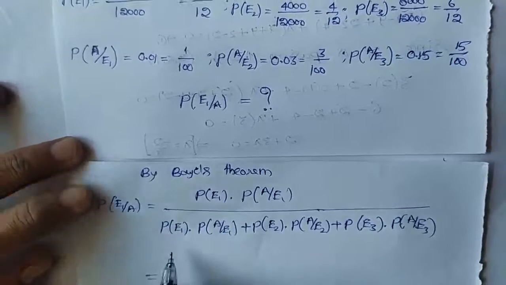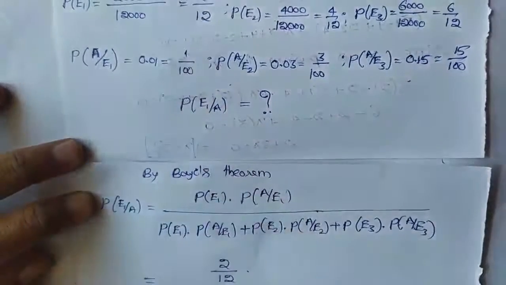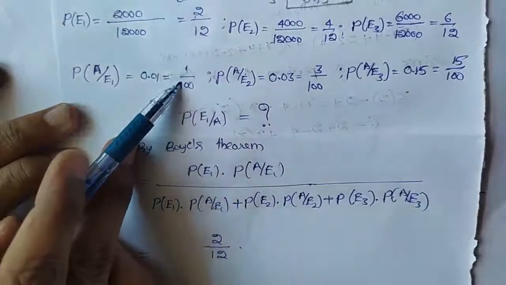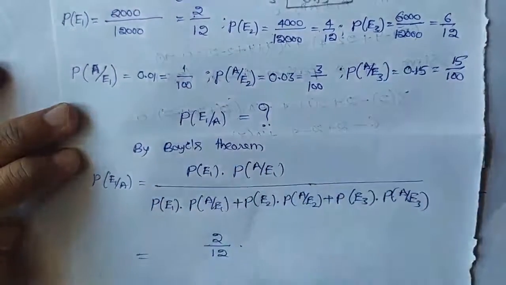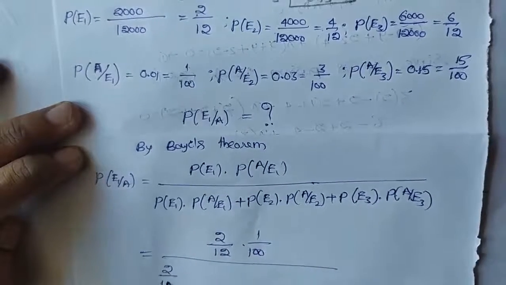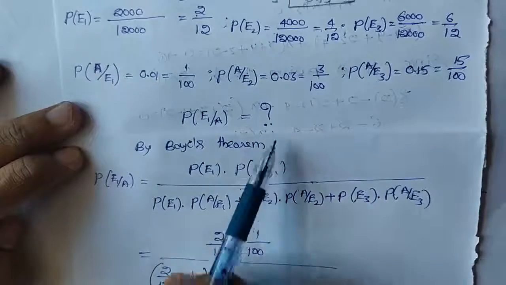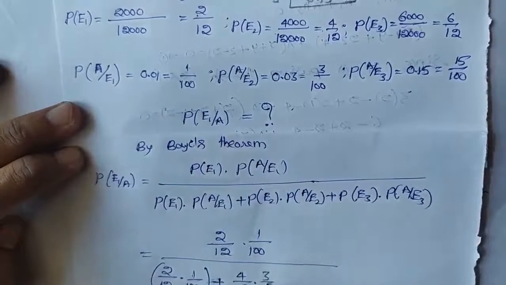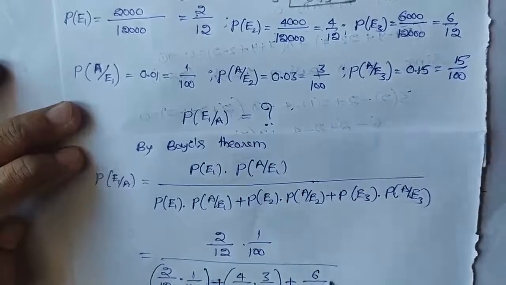That is equals to 2 by 12 into 1 by 100, whole divided by 2 by 12 into 1 by 100 plus 4 by 12 into 3 by 100 plus 6 by 12 into 15 by 100.